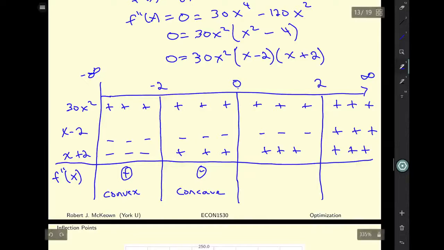If x is greater than 0, but less than 2, well, this thing is still going to be negative, so it's concave. And if x is greater than 2, it's going to be positive, and so it's going to be convex.